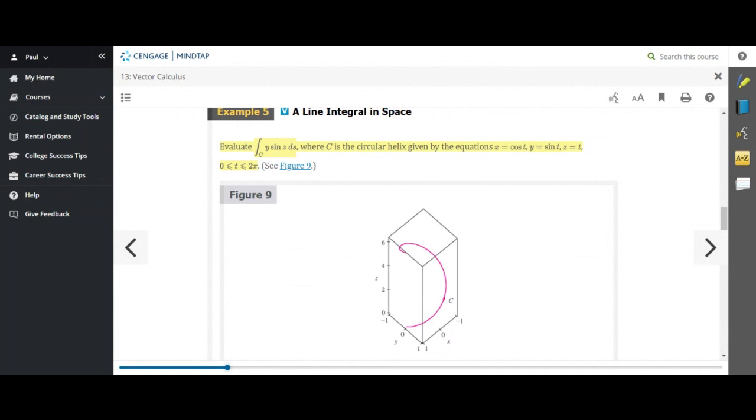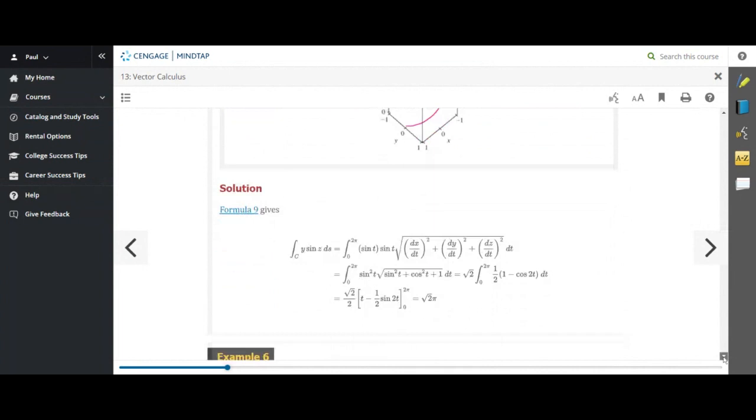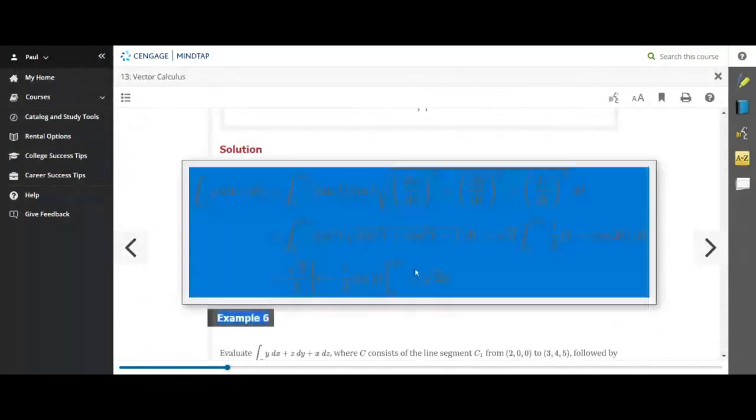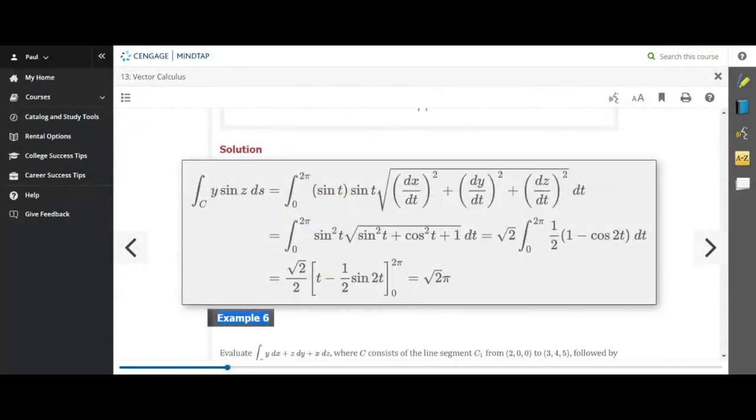You've seen a helix before. You just apply the definition and work it out. Now they do have the plus. You get the square root of 2 times pi. That's the value of that line integral.